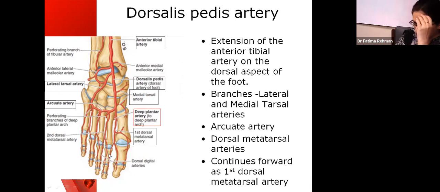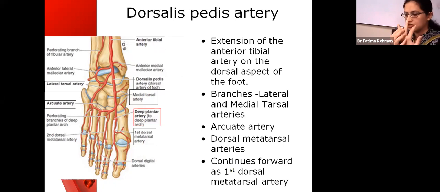They go further, and the dorsal metatarsal arteries, as they go forward, are divided into other branches called the dorsal digital branches, which are given to the digits or toes of the foot. They are located such that they run side by side.